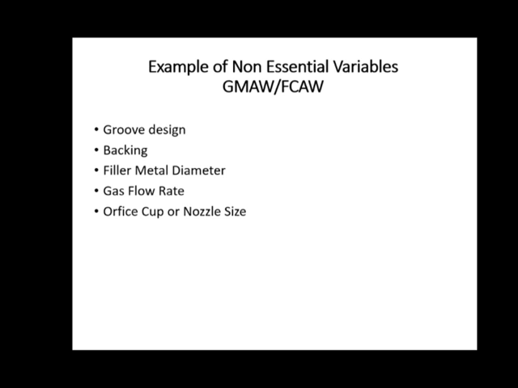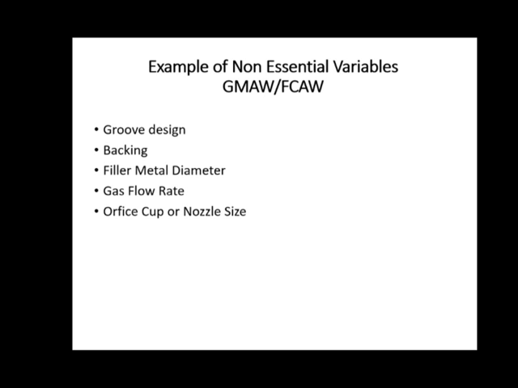If I changed the angles, or went from a single bevel to a double bevel, they don't care, just as long as I address it. Changing groove designs isn't affecting the quality, the mechanical properties, or the chemical properties of the weld metal that's being put into that groove design.